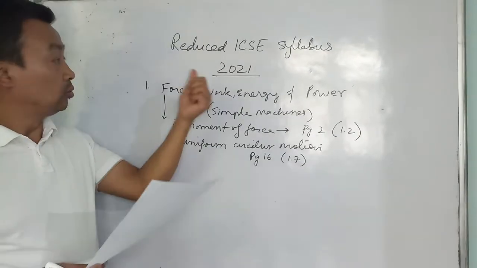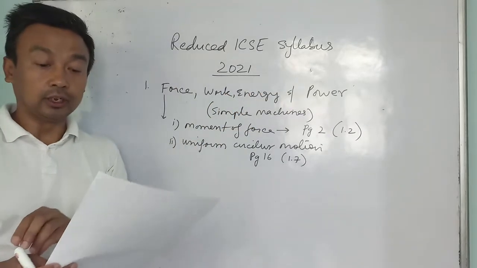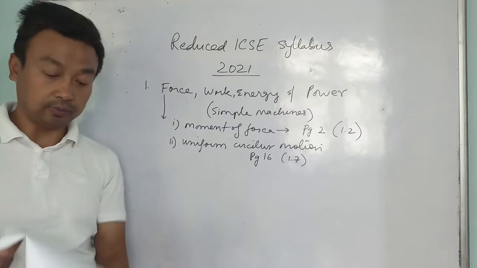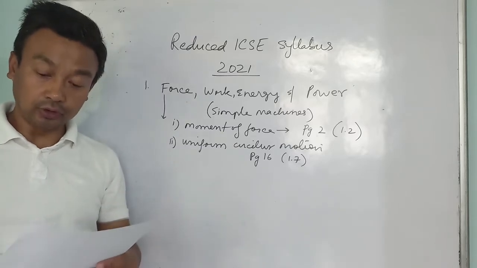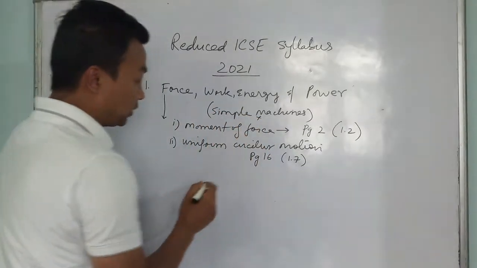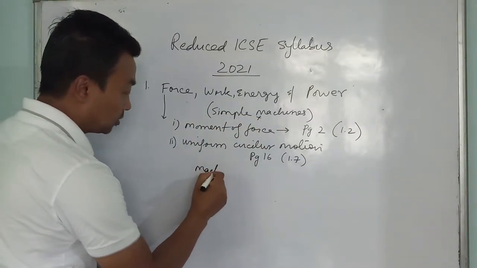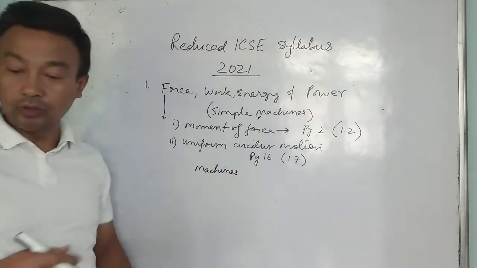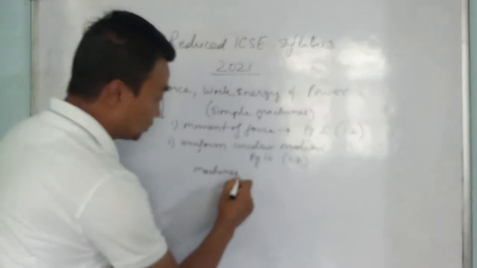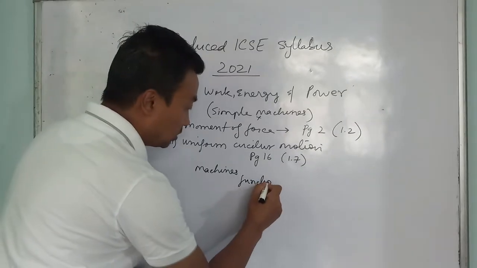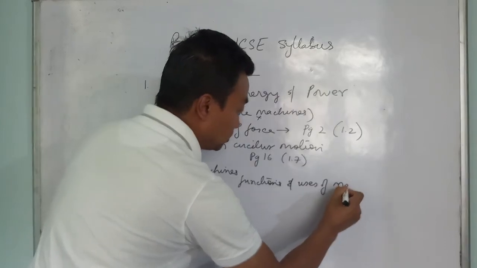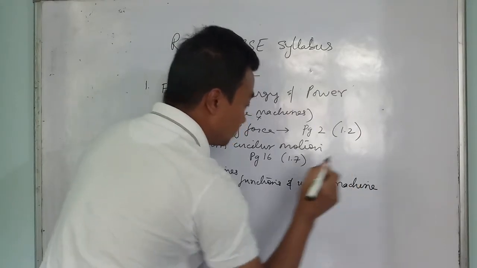Then you have work, energy and power. There you have to learn almost everything, the numericals and all that. Then you have machines. In the machines you have got the functions and uses of simple machines.